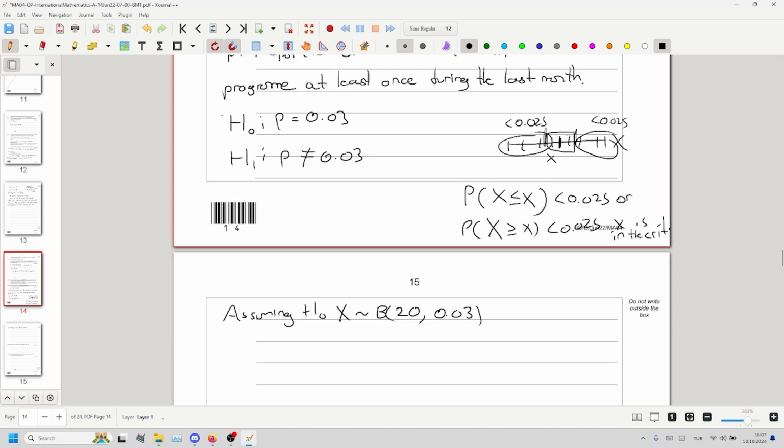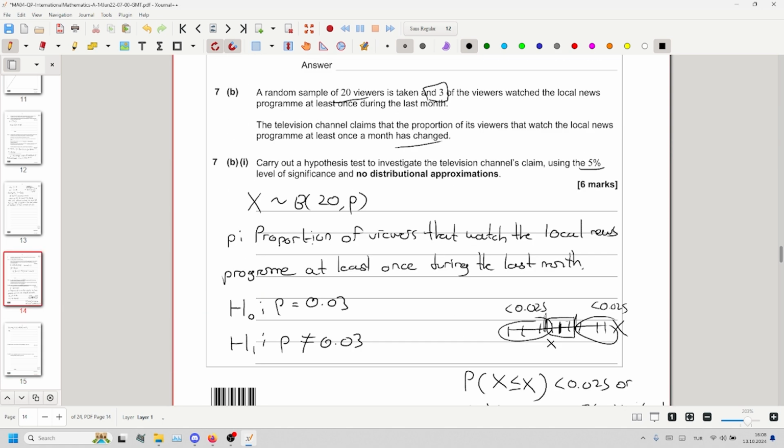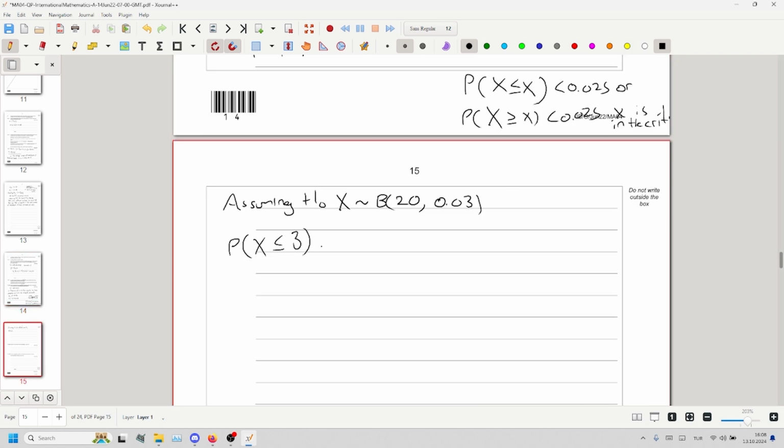I guess I don't have space, whatever. So let's test both of these. The probability that X is less than or equal to our test value, which in this case is, what's our test value? It's 3. There you go. So let's just quickly calculate that.